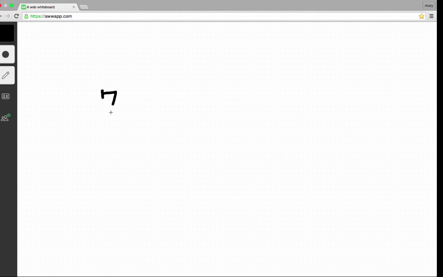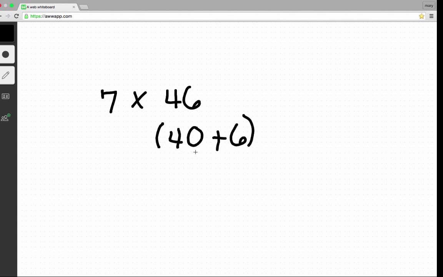The first one was 7 times 46. So 46 is the number that we're going to expand into 40 plus 6. So you should be seeing a common pattern here with this 0. Bring the 7 down. I'm distributing it to the 40, and I'm distributing it to the 6.